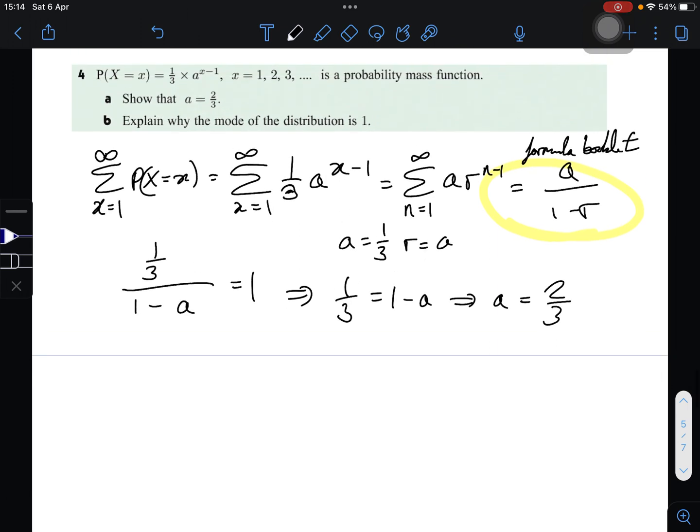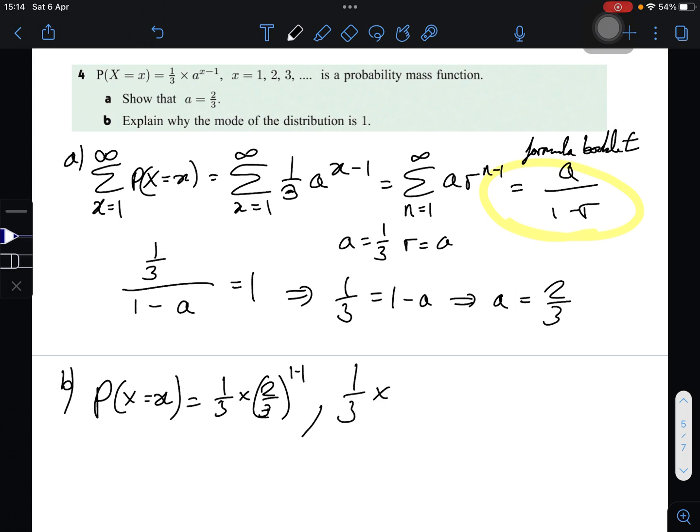Well, let's think about the probabilities that we're going to get out of here. So P of x could take the values from x equals 1 to 3 and onwards. Well, 1 over 3 times 2 over 3 to the power of 1 minus 1 would be your first term.